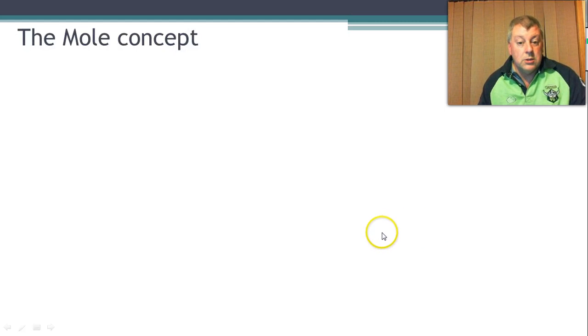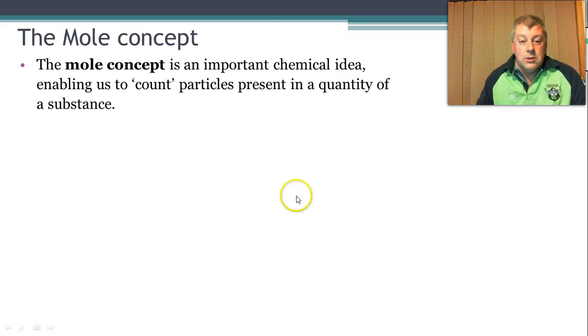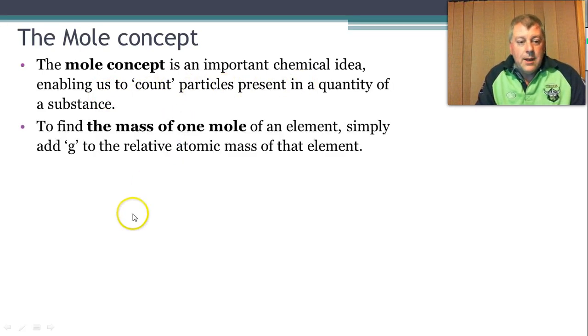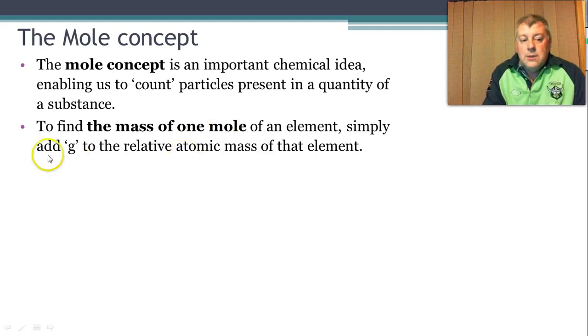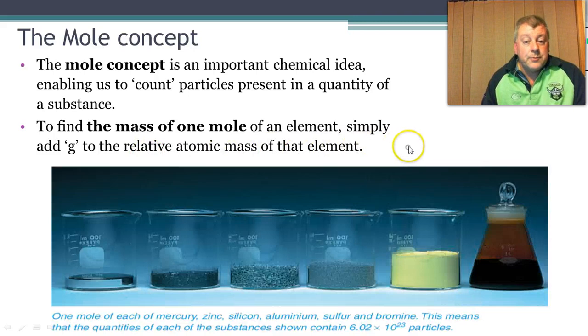Now the mole concept. The mole concept enables us to count particles present in any substance. To find the mass of 1 mole of an element, all we have to do is add g, as in the unit grams, to the relative atomic mass of that element.